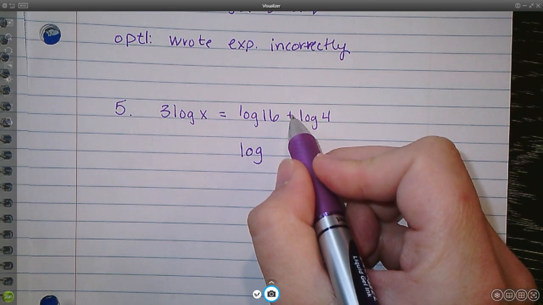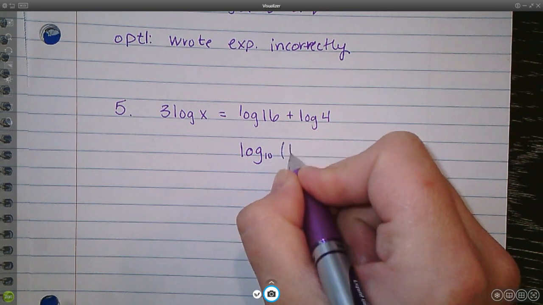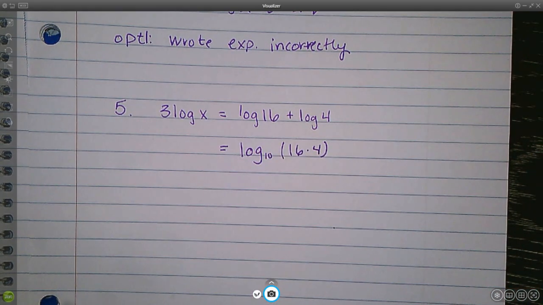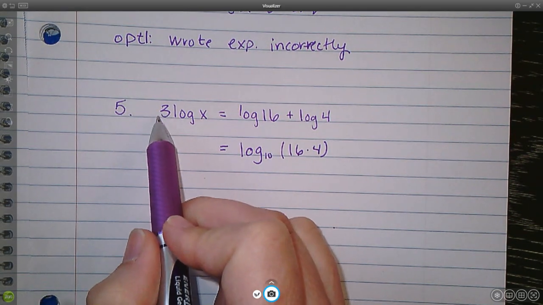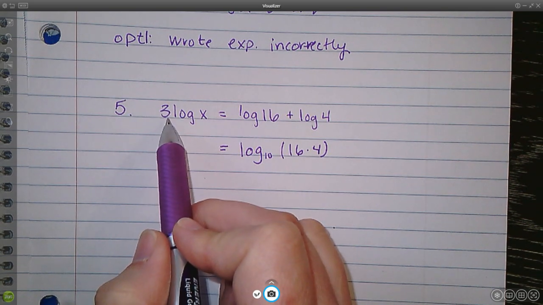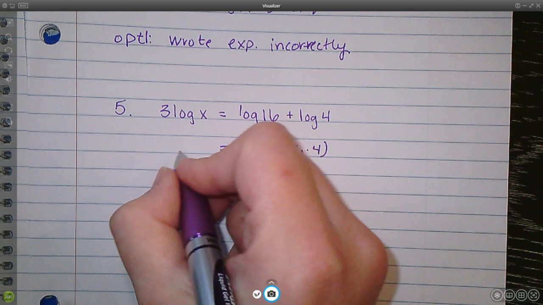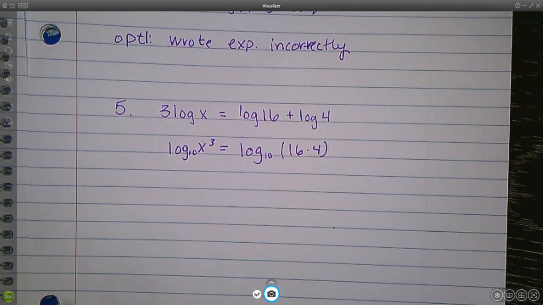And then if it's addition, it's really multiplication. So this is going to be log base 10 of 16 times 4. And this equals, okay, so now if you look over here, where can this 3 go if you have a 3 out front? Okay, well, that's the same as putting it up on this x. So this is the same as log base 10 of x to the third.